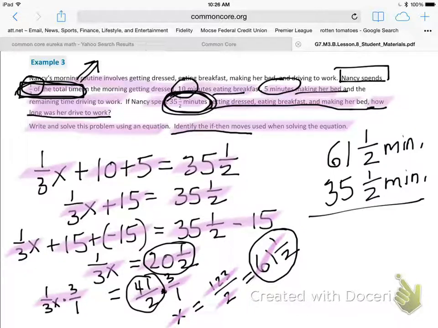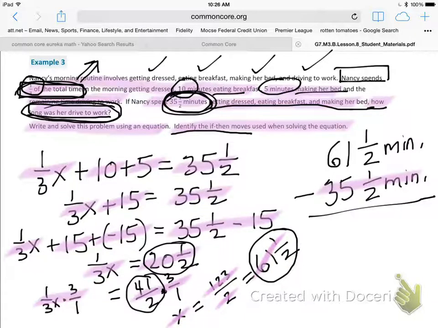Now, if we subtract those away, then we will be able to figure out what her drive to work was, because there are 4 pieces here. There was the getting dressed, the eating breakfast, the making her bed, and the driving to work. This 35.5 only accounted for 3 of those things.